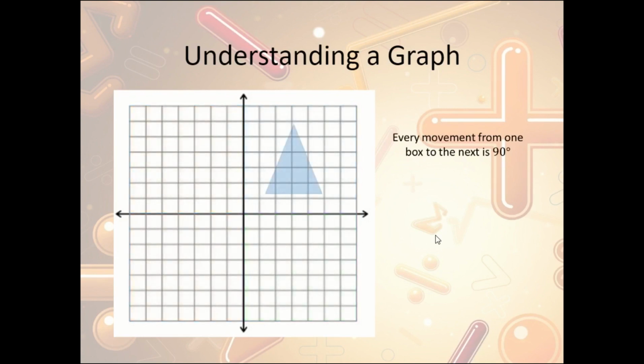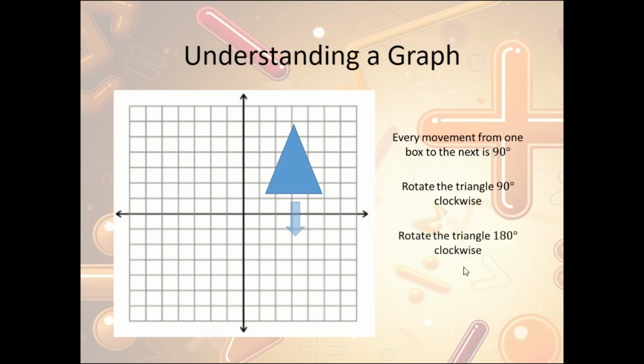So, for instance, if we had our triangle here, and I said I want to move 90 degrees clockwise, I'm going to take that triangle and move it in the direction of a clock, and it's going to move down into this box. Now, if I want to go 180 degrees clockwise, well, that means I move 2 boxes, because 180 is just 90 times 2, so we move 1, 2 boxes, and we end up over here. Now, if we want to go 270, that's 3 boxes, so 1, 2, 3, and we end up over here.